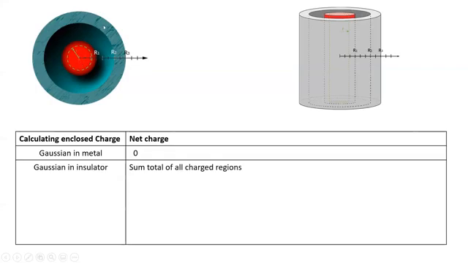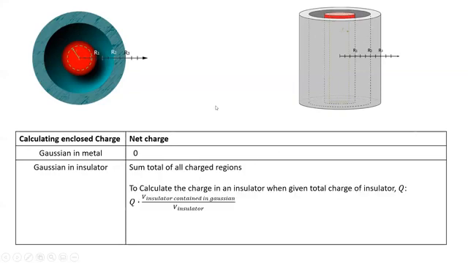But if the Gaussian pillbox is in between the inner and outer surface of the shell, and the shell is an insulator, you would have to add up all the charge that's inside the Gaussian pillbox. So the charge of the insulating shell that's contained inside the Gaussian, and also the charge inside the nested object at the center. Same thing for the nested cylinder.